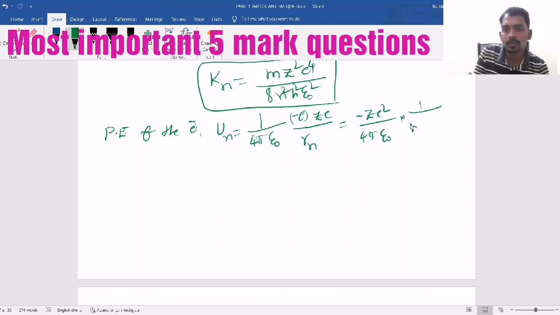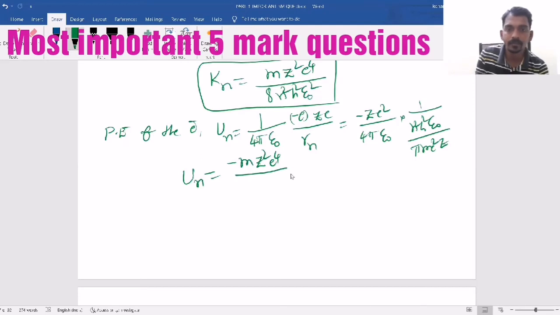Rn value is n square h square epsilon naught by pi m e square Z. So when you take the potential energy equation, it will become minus m Z square e power 4 by 4 n square h square epsilon naught square.